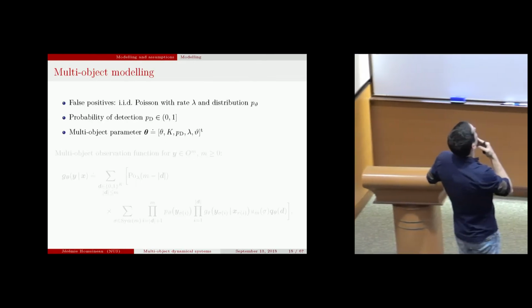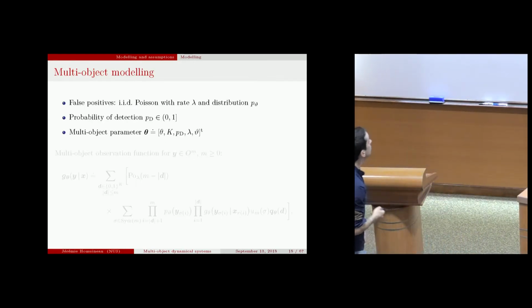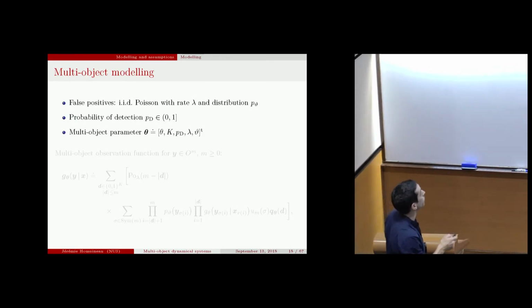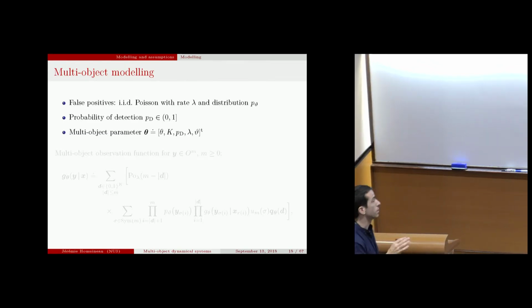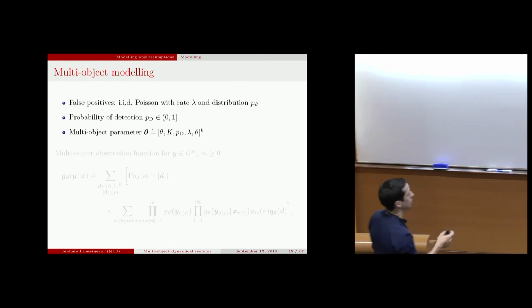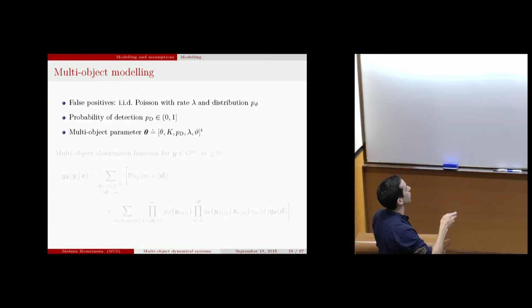So just to say something about this sort of problem, if we're a bit more specific, there are very usual assumptions. We consider those false positives, the observations that don't come from our objects, to be i.i.d. and Poisson in number.